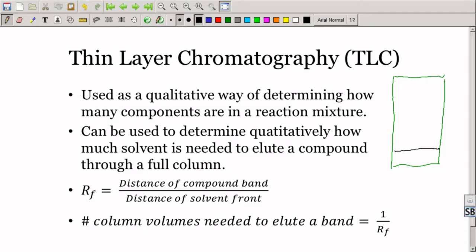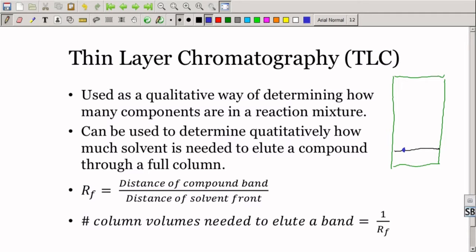Then you take your compound, or your crude mixture rather, and you spot the plate on that mark. Okay? You take your TLC plate and you place it into a little container with a small amount of mobile phase on the bottom. And of course, the idea is to vary the composition of the mobile phase.